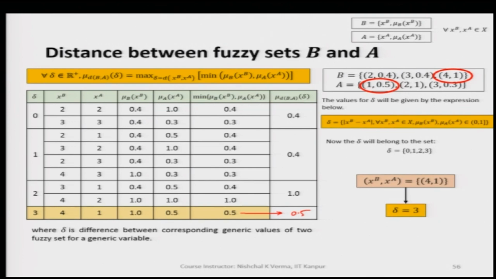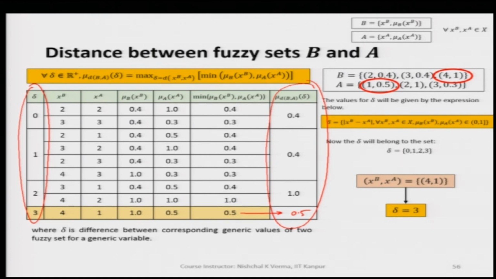And then again, as we have done in the previous example, we take the first column, which is delta column, and the second column, which is the mu d b comma a delta.